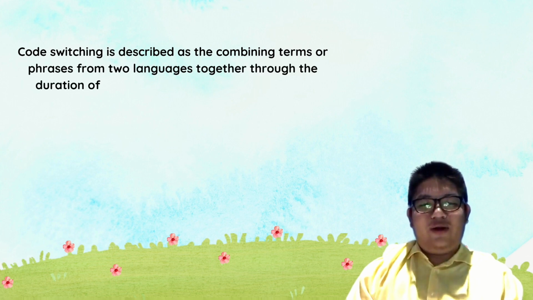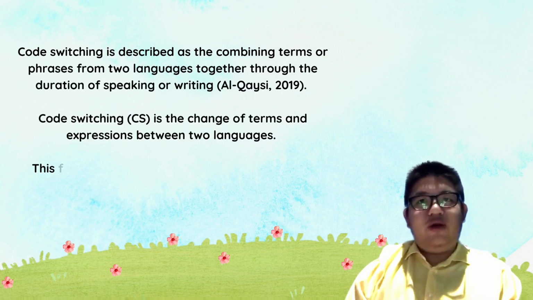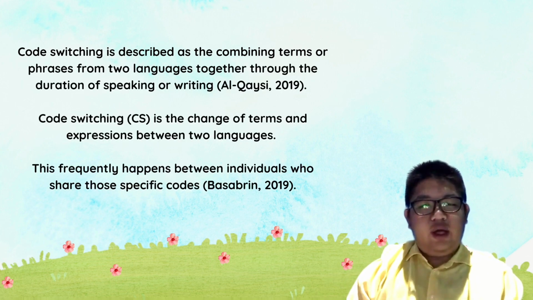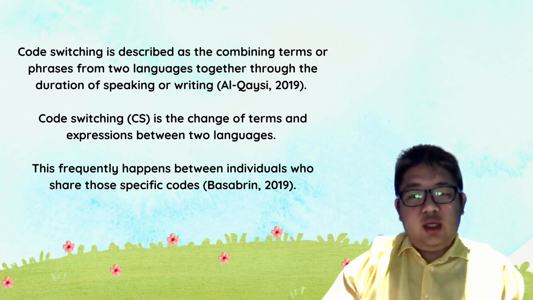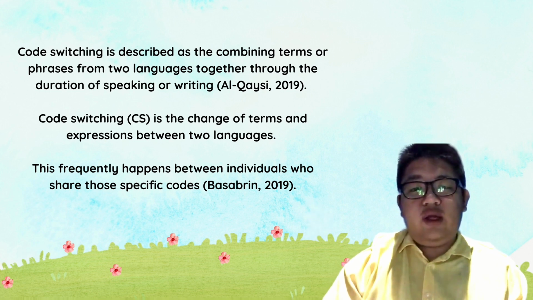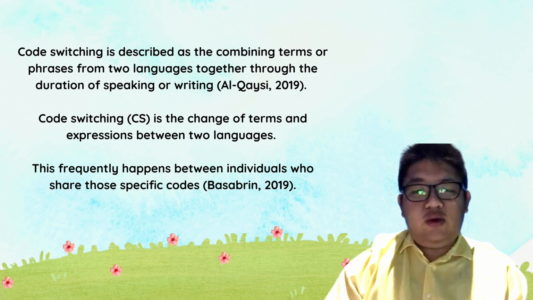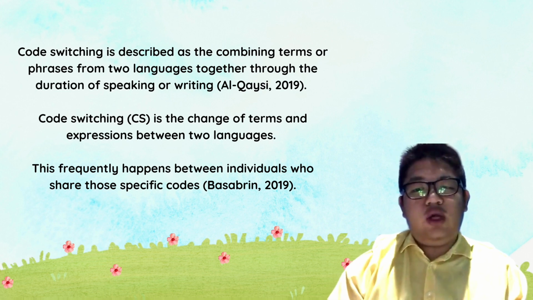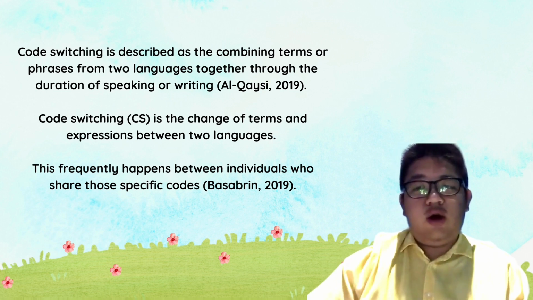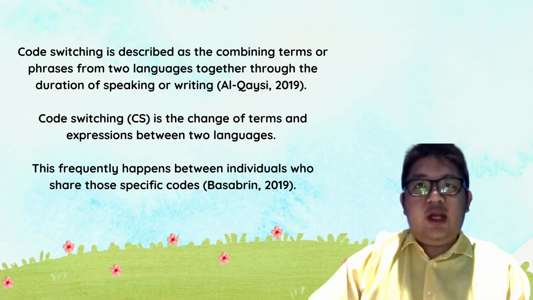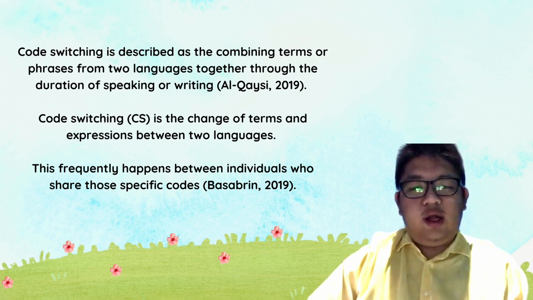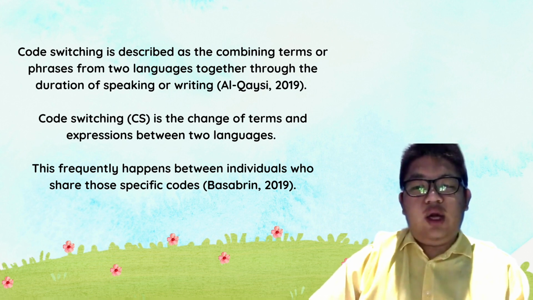Alright, today we're going to talk about code switching. Now as you all know, code switching is described as combining terms or phrases from two languages together through the duration of speaking or writing. In this regard, a language or a dialect is considered a code.